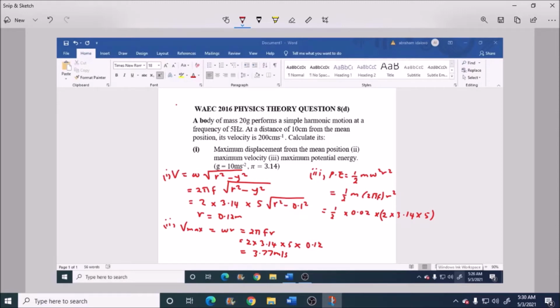So if you calculate everything put together, the final answer, which is the potential energy, will be 1.42 times 10 raised to power minus 1 joules, and that is the answer.